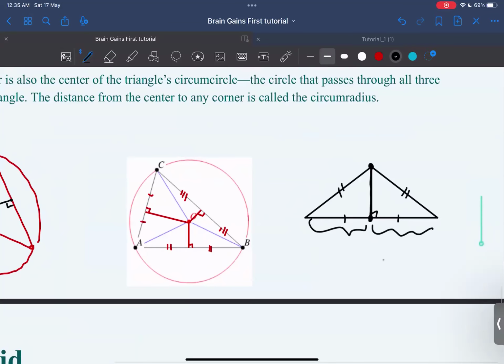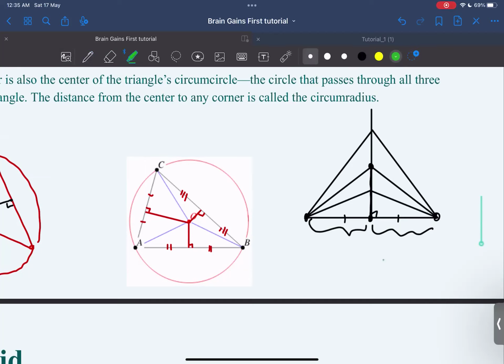We could also say that if we drew the perpendicular bisector of a line, and then constructed a triangle with it, it could go all the way up. No matter if I did it at this point or this point, or whatever point on this line, as long as it perpendicularly bisects the base, all of these triangles are going to be isosceles.